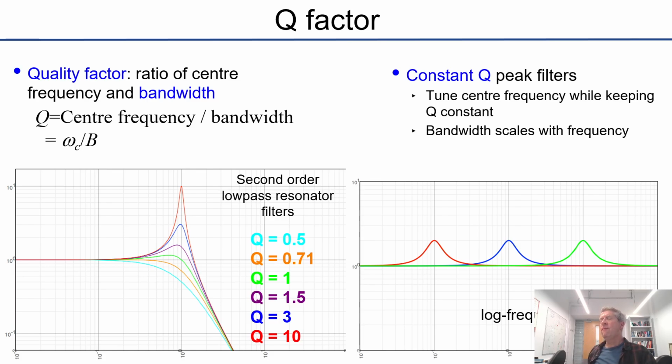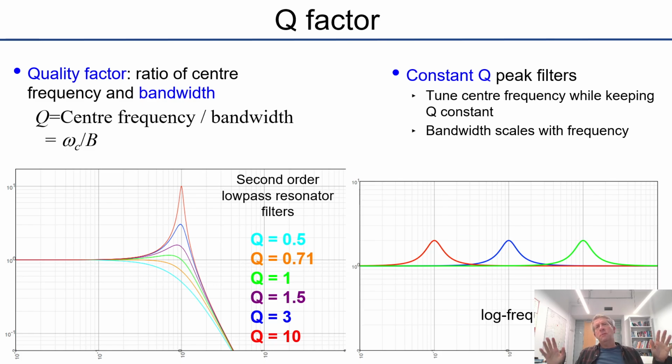Often filters are defined not in terms of bandwidth, but in terms of Q, which is the ratio of center frequency to bandwidth. So this has a benefit. First off, in many cases, it's more intuitive.